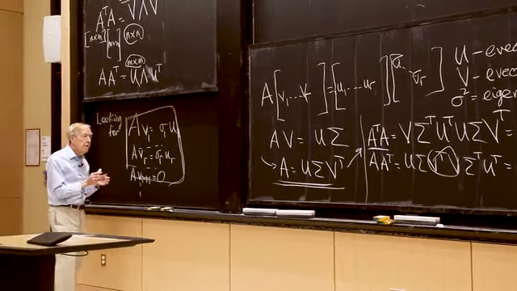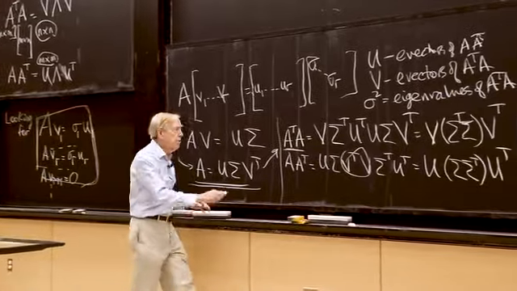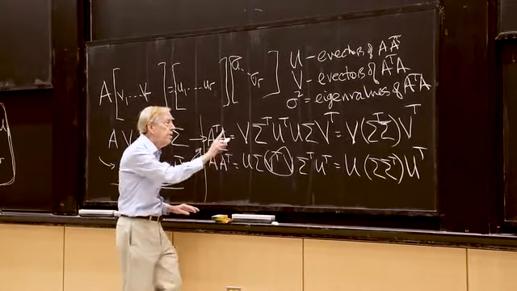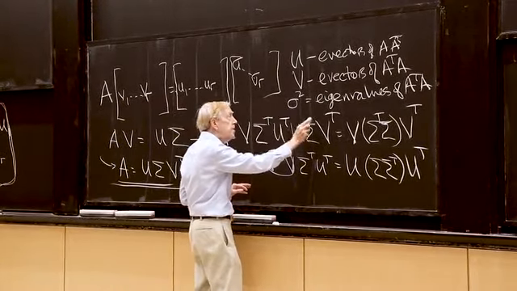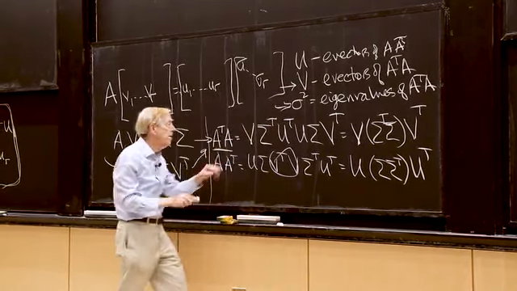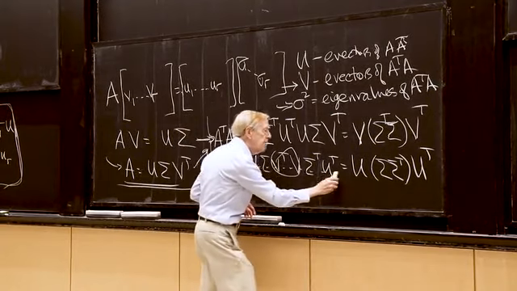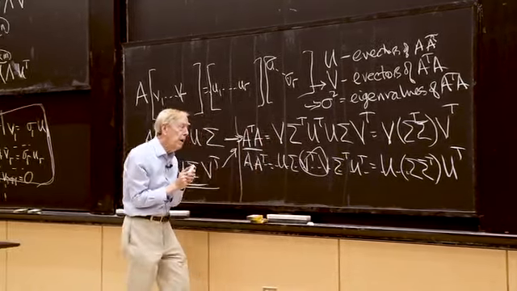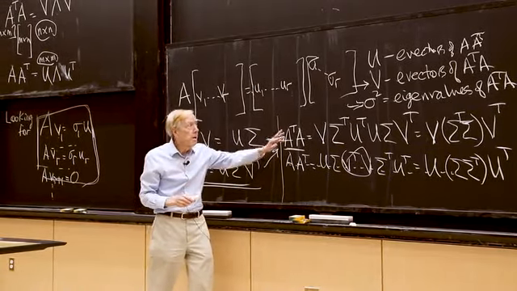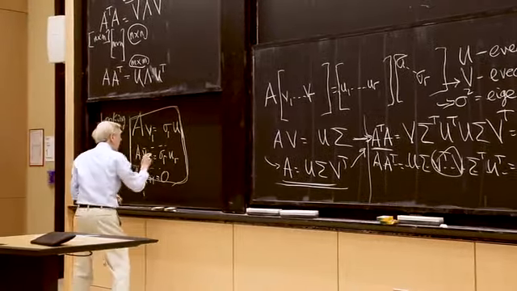Let me tell you the steps. Okay, so I use this to conclude that the V's, the singular vectors, should be eigenvectors. I concluded those from this step. Now I'm not going to use this step so much. Of course, it's in the back of my mind, but I'm not using it. I'm going to get the U's from here.